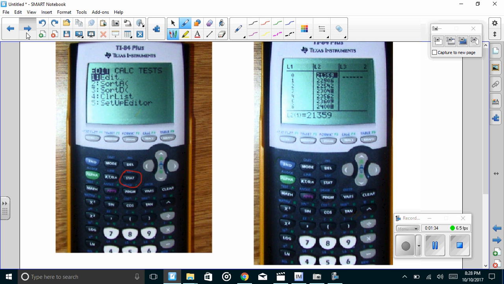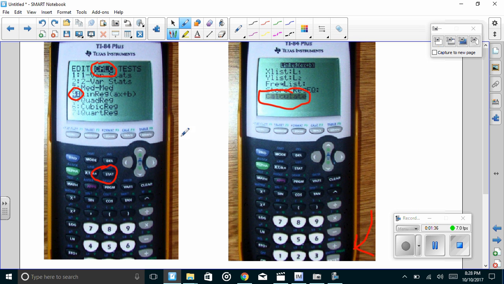Once you do that, you can go back to Stat, tab over to Calculate, and then hit 4 for linear regression. Then you'll see over here where it says X list L1, Y list L2. All you want to do is just tab all the way down to where it says calculate and then hit enter.